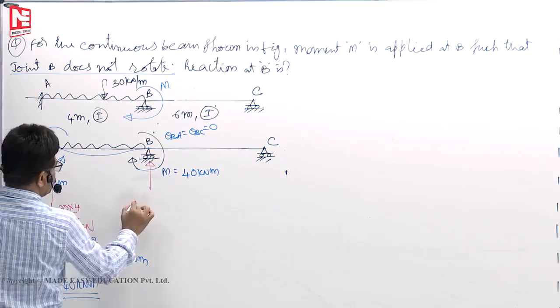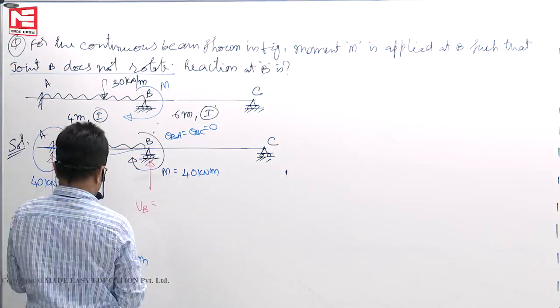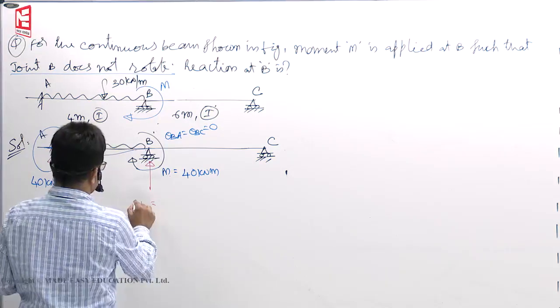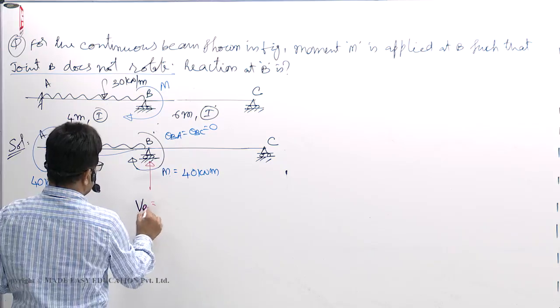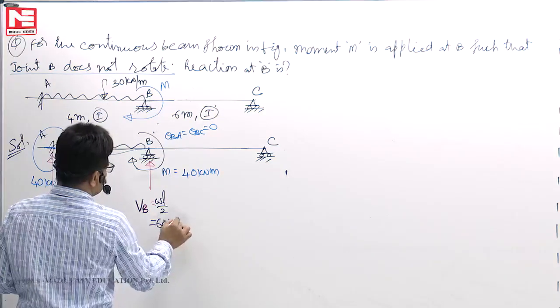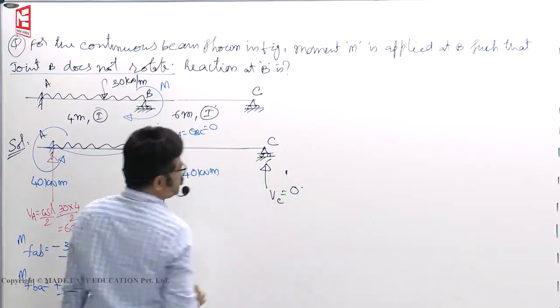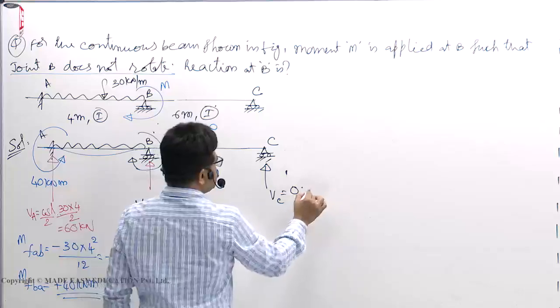VA is 60. VB is also WL by 2, 60. Then what is VC? In case they ask you VC, say it has to be 0. MBC also has to be 0.